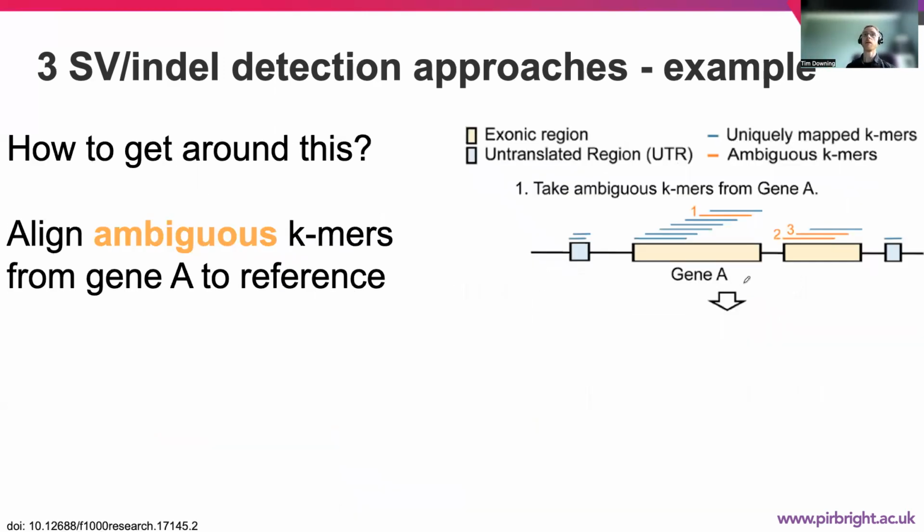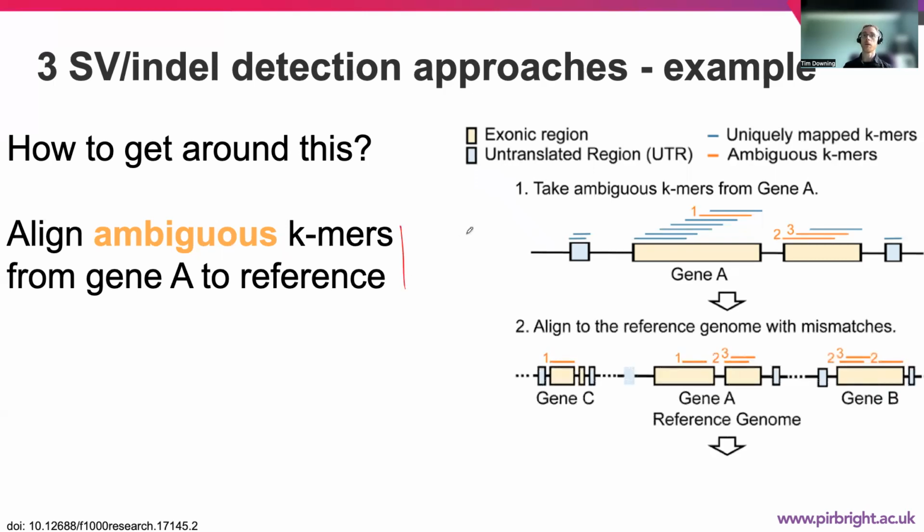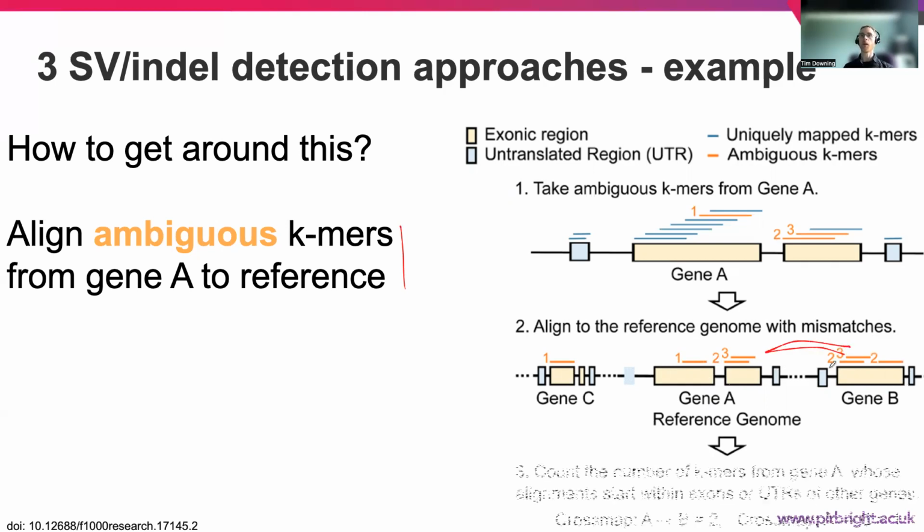How to get around this then? We can look at the coding regions and UTR regions. Here what we have are uniquely mapped k-mers and ambiguously mapped k-mers. So we can identify the ones that are ambiguously mapped to identify regions that are similar to other regions. We're looking here at the ambiguous k-mers in detail, and if we look at the ambiguous k-mers with mismatches, we can identify ones that are associated with different regions.